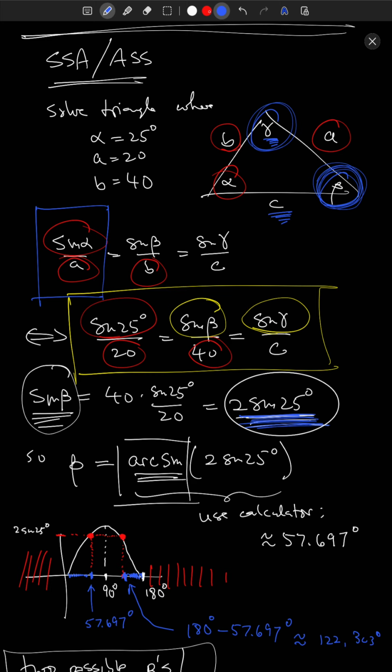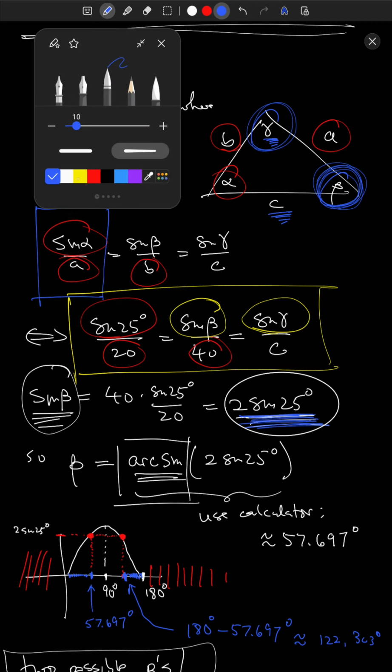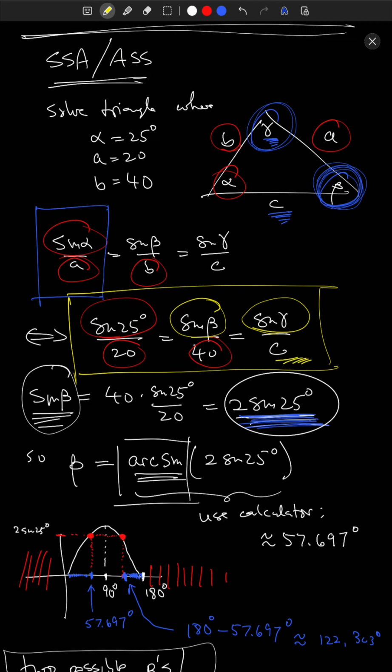Notice one thing I want to emphasize here. When I solve for C, I used the sine 25 degrees over 20 instead of the sine beta over 40, which I could have used because I know beta, right? At this point of the problem, I know beta. But I want to use the sine 25 degrees over 20 because those, 25 degrees and 20, were given to me precisely, as alpha equals 25 degrees, A equals 20.